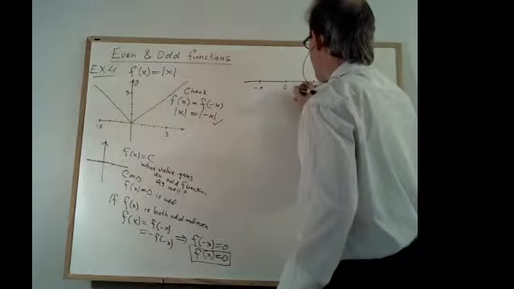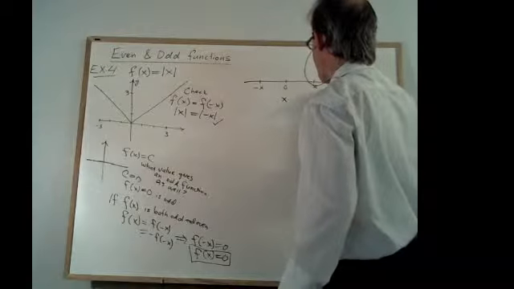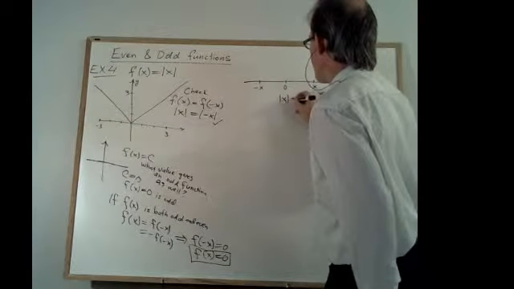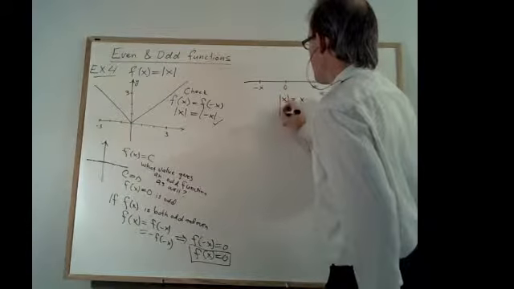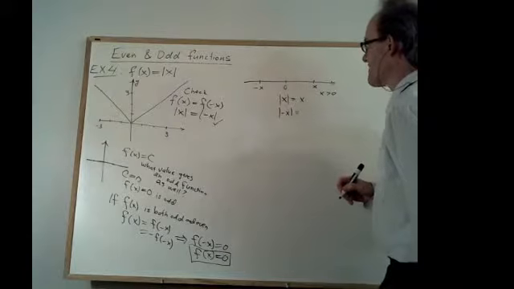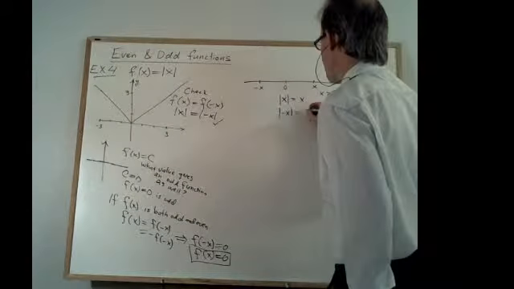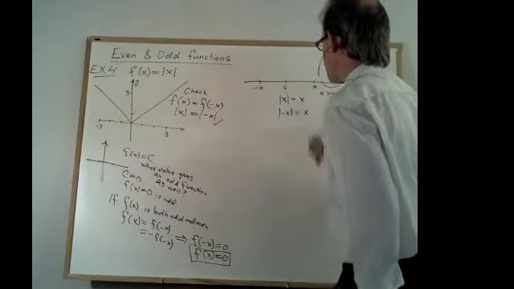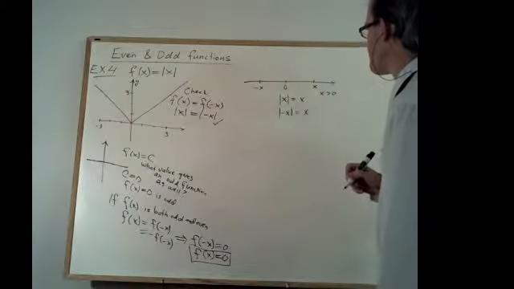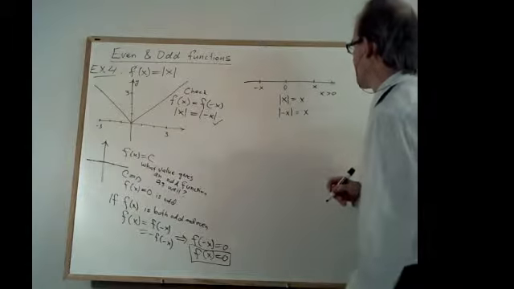The distance from x to 0 is x, if x is positive, which is shown here. And the distance from minus x to the origin, again, it's just the same, if x is positive. I've shown x positive here.